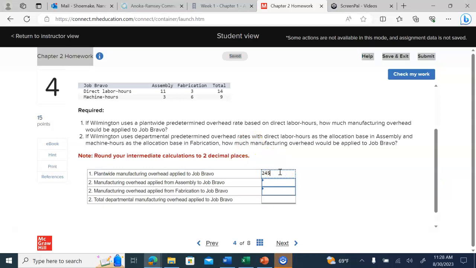Then it asks, manufacturing overhead applied, okay, that was plant-wide.